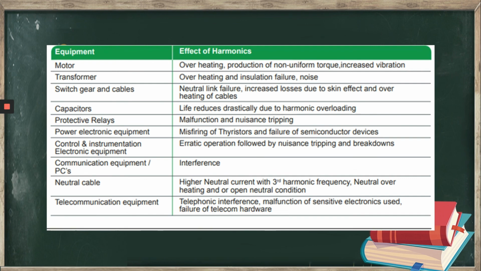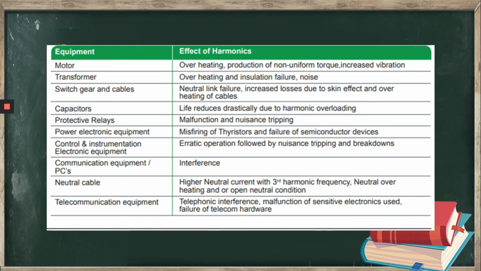Third is switchgear and cable: neutral link failure, increased loss due to skin effect, and overheating of the cable. Next is capacitors: life is reduced drastically due to harmonic overloading. Protective relays can also be affected by harmonics through malfunction and nuisance tripping.